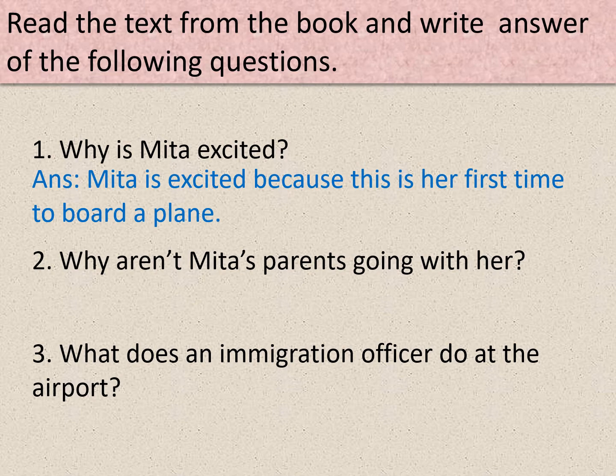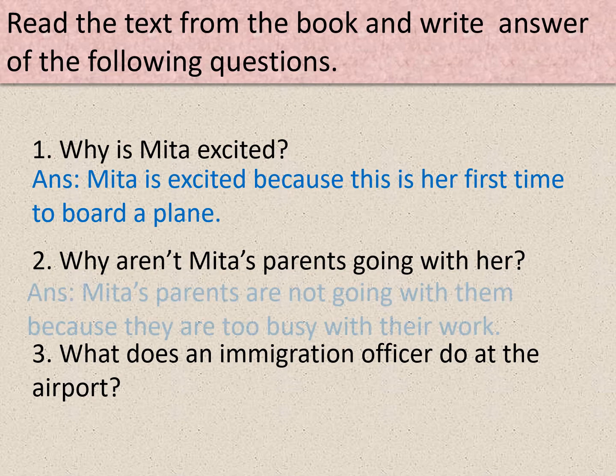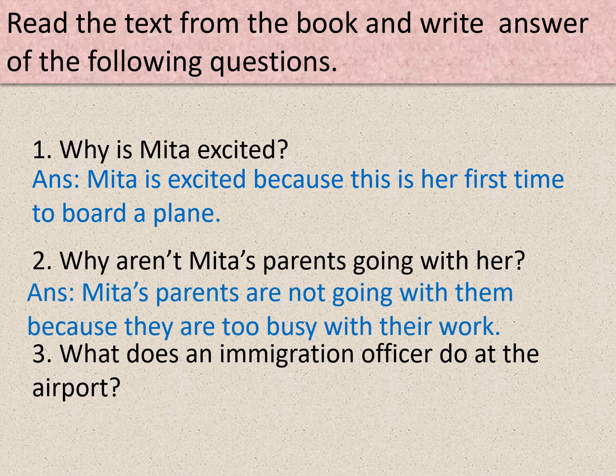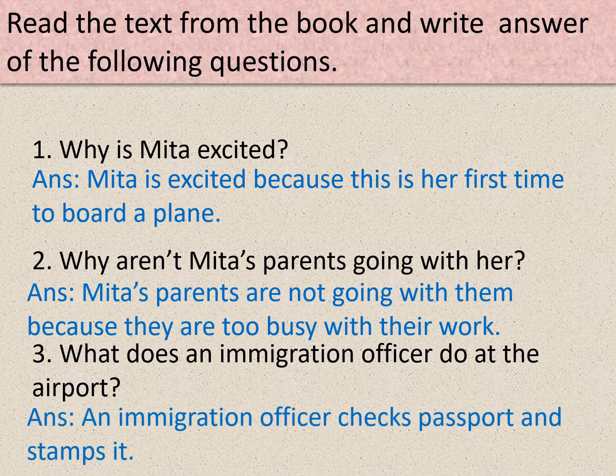Mita's parents are not going with her because they were busy with their work. Let's see the answer. Yes, Mita's parents are not going with them because they are too busy with their work. Number 3, what does an immigration officer do at the airport? An immigration officer checks passports and stamps on them. Thank you for learning the questions.